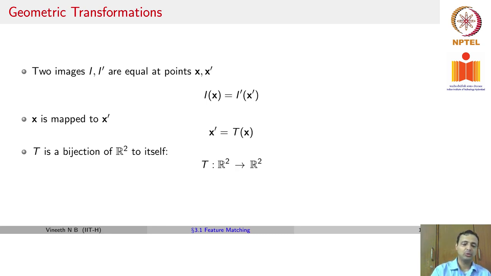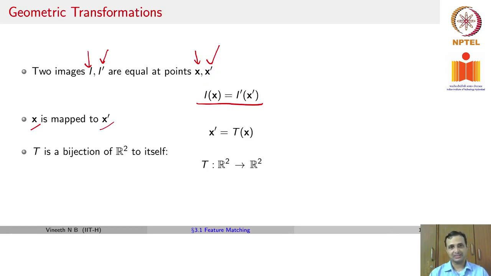Given two images I and I prime that are equal at two data points x and x prime, we know that I of x is equal to I prime at x prime. This simply says that across these two images, you could map the point x to the point x prime in the second image.